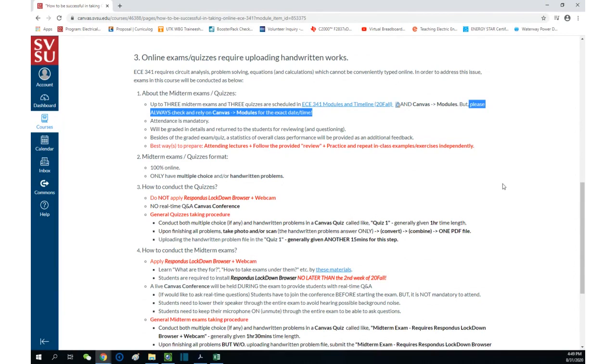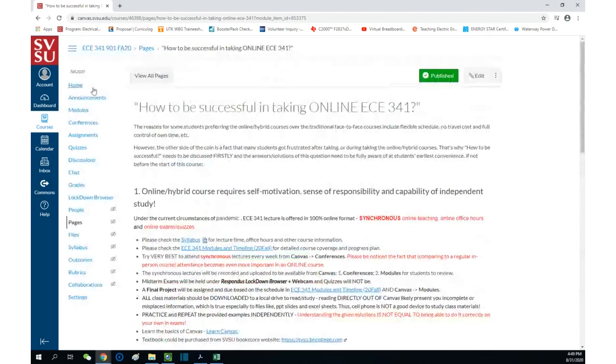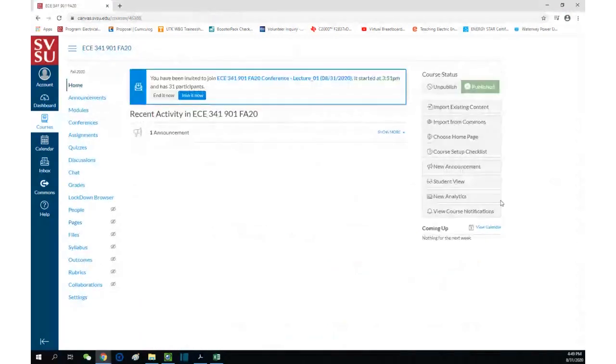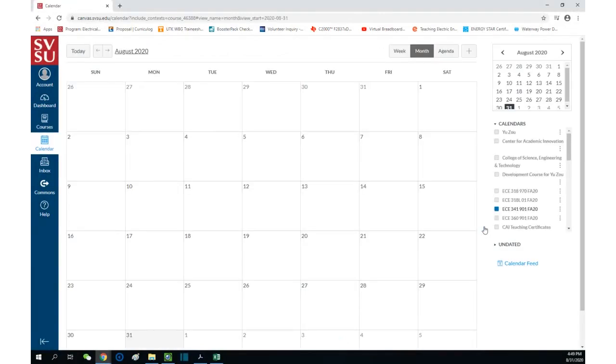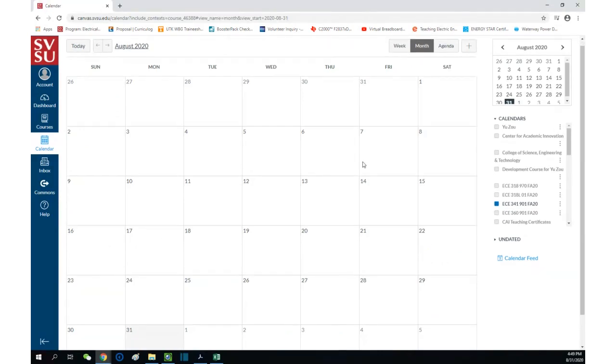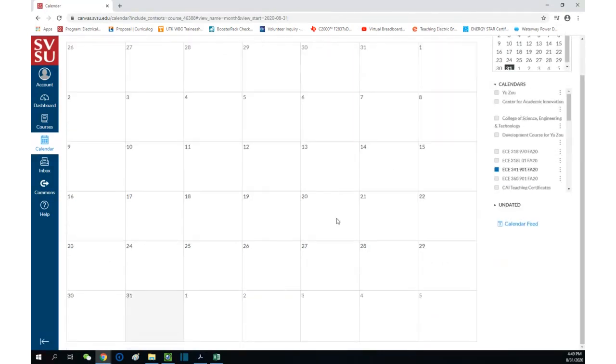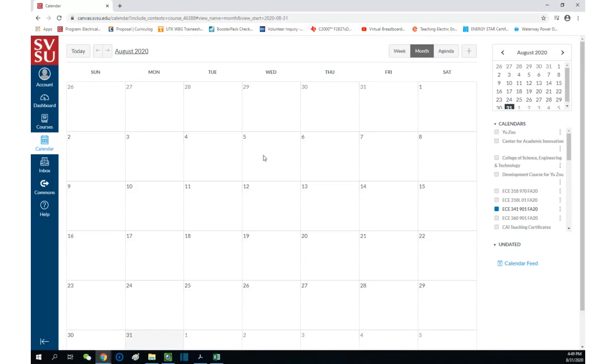Another feature of the Canvas is this, right? I think you guys noted. Once I schedule something in detail in the modules, immediately they're going to be available from this calendar. Am I right? Any correction? So fully utilize this calendar available inside of Canvas.